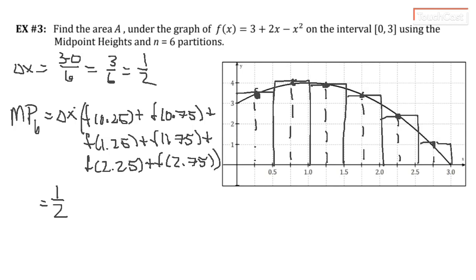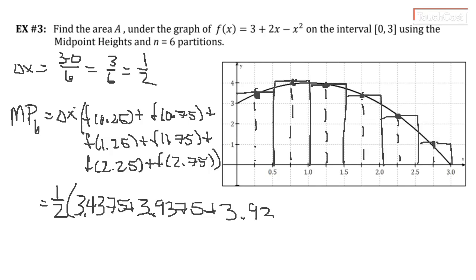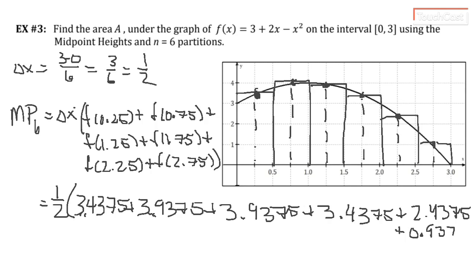So we're going to have 1/2 times 3.4375 plus 3.9375 plus 3.9375 again, plus 3.4375 plus 2.4375 plus 0.9375.